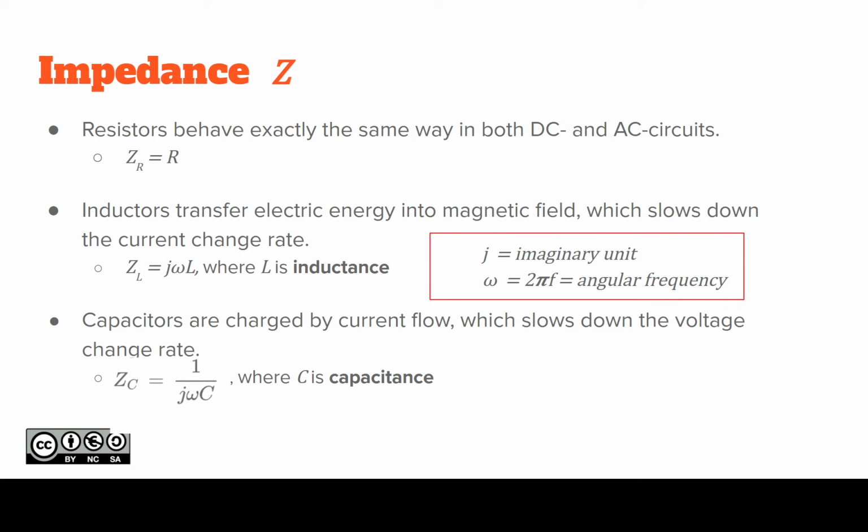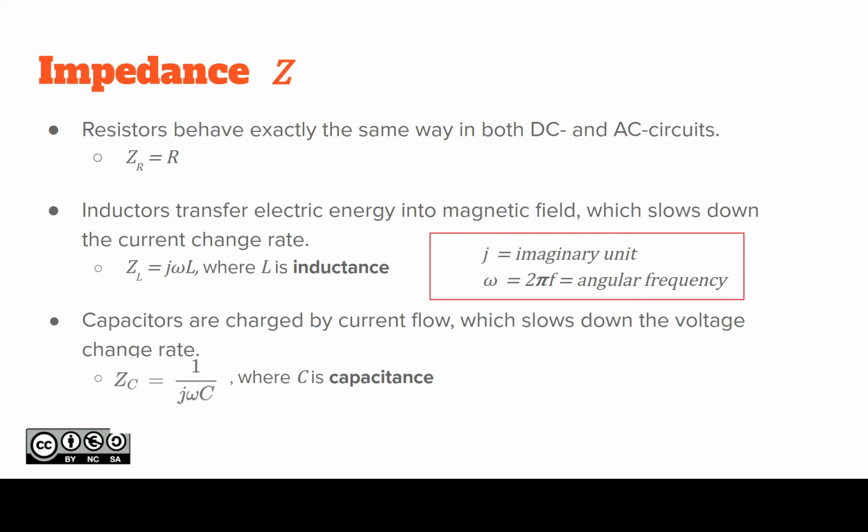element. So basically this constant current produces a constant rate rise of the voltage. Practically what happens here, capacitors are charged by current flow, which slows down the voltage change rate.